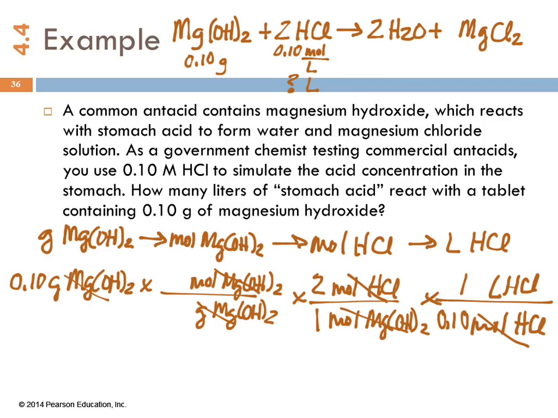And then we need the molar mass of magnesium hydroxide. Magnesium is 24.31, plus 2 oxygens, plus 2 hydrogens.